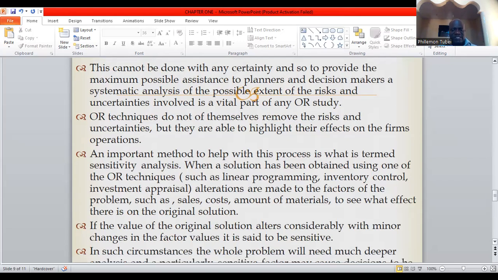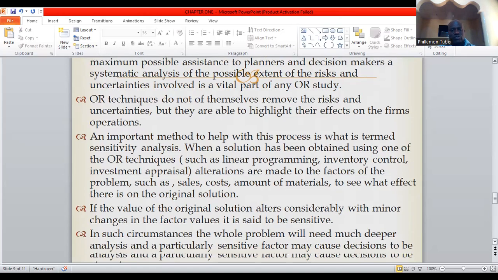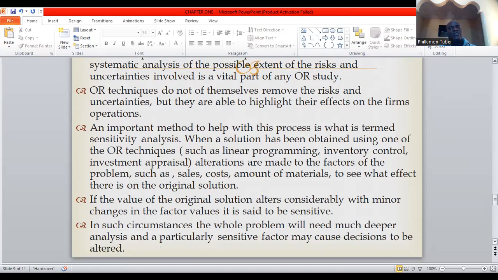In such circumstances, the whole problem will need much deeper analysis, and a particularly sensitive factor may cause decisions to be altered. Always we are altering, we are changing decisions.